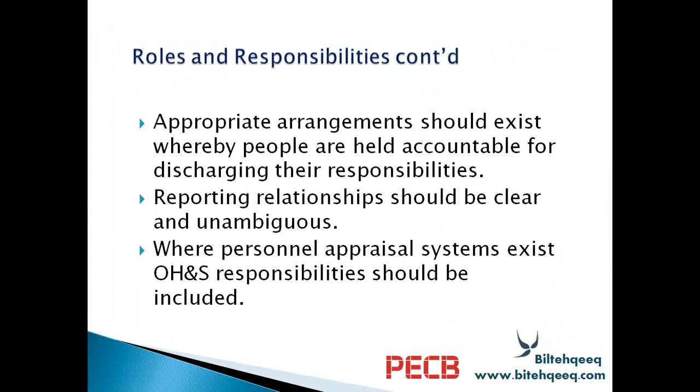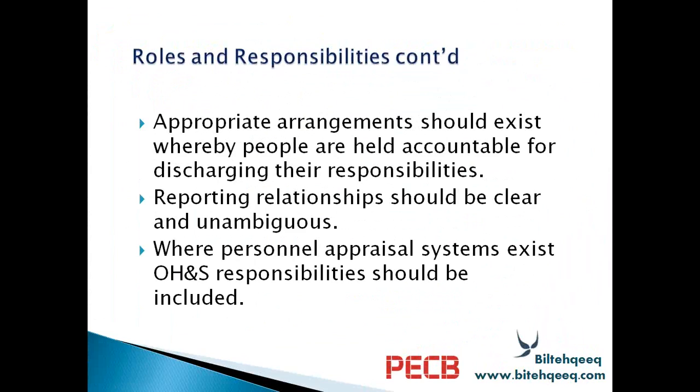These roles and responsibilities should be appropriate. Arrangements should exist whereby people are held accountable for discharging their responsibilities. Reporting relationships should be clear and unambiguous. Where a personal appraisal system exists, occupational health and safety responsibilities should be included.